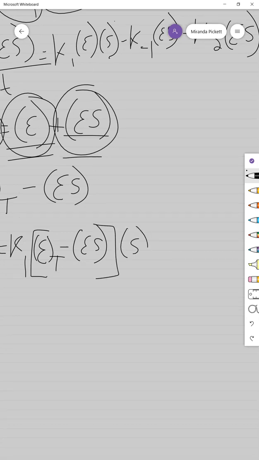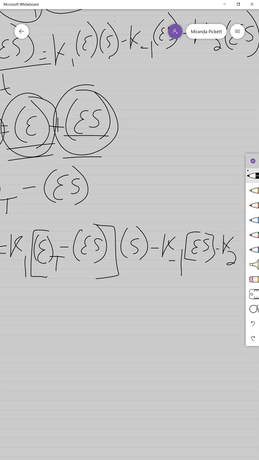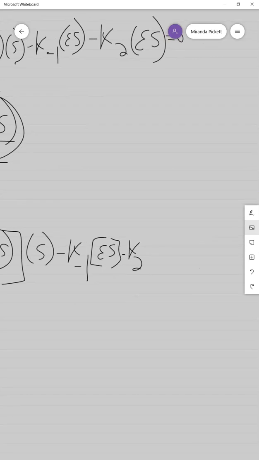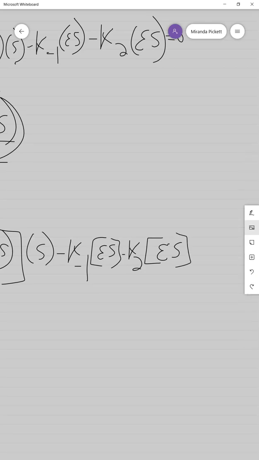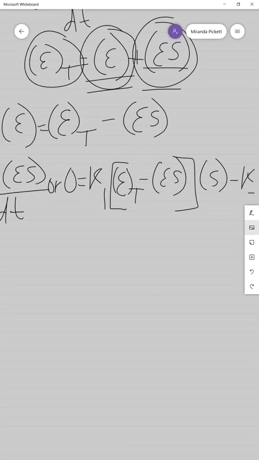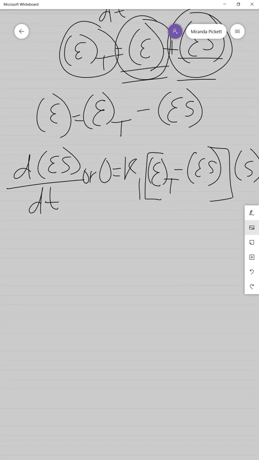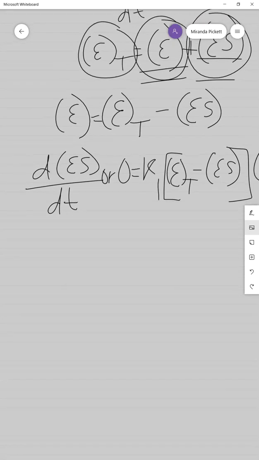Times S minus K negative 1 times ES again, minus K2 times our ES again. Then we have to distribute our K1 plus S in the first term.